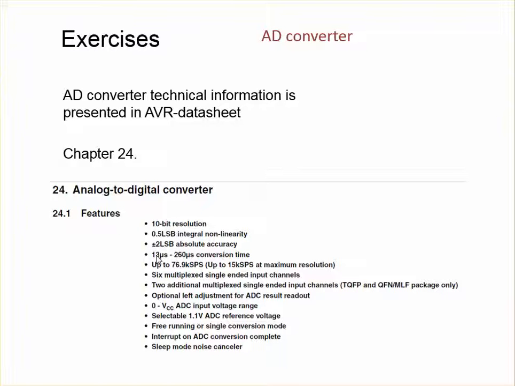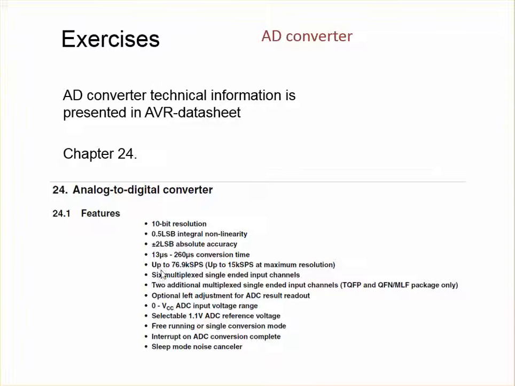The time here varies from 13 microseconds to 260 microseconds, which means that we could use different clock frequencies to make the conversion. This is of course the fast one and this is the slower one, but this is taking more power, and this is saving power if we use these lower clock frequencies.